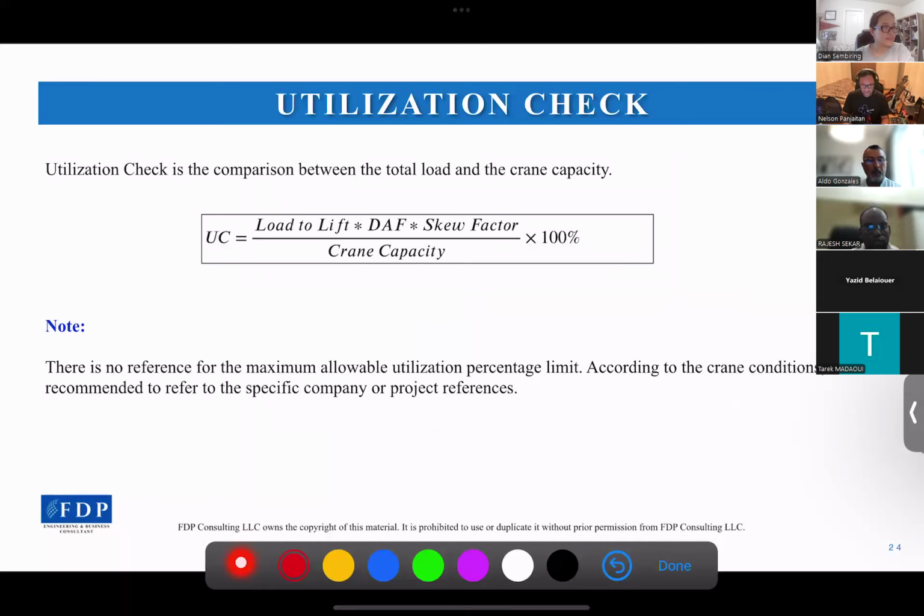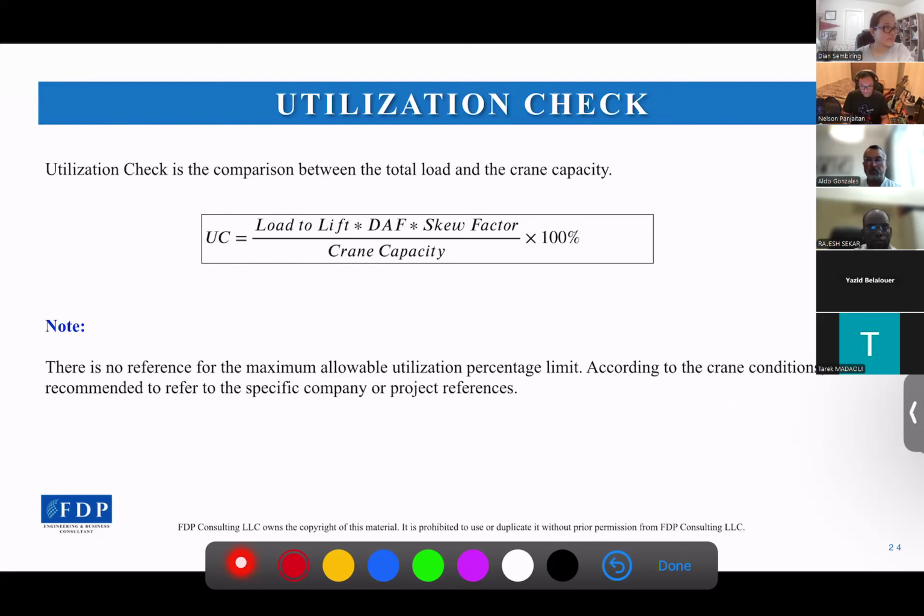Now, once we have calculated all the loads from the gross weight of the object, rigging weight, and then the hook and reeving weight, now we can calculate the utilization capacity of this crane. This utilization check is to decide if our crane is capable or not of doing this job by comparing the load and the capacity in percentage.